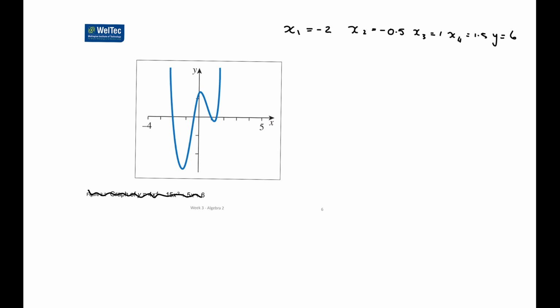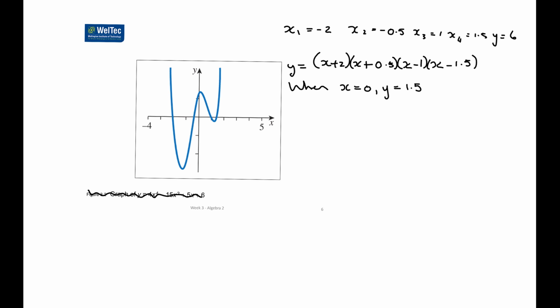So then y is going to equal x minus 2 times x minus 0.5 times x minus 1 times x minus 1.5. Now, if we check by trying when x equals 0, that gives us a y-intercept of 1.5, and we're told that the y-intercept is 6.